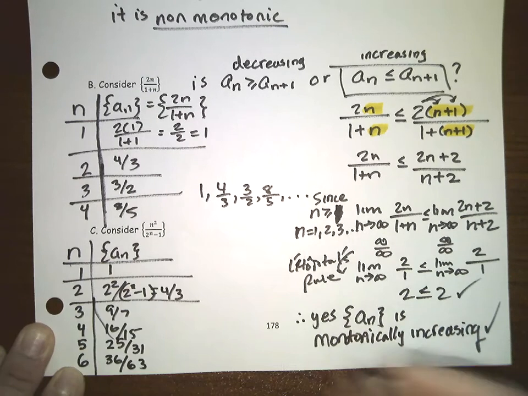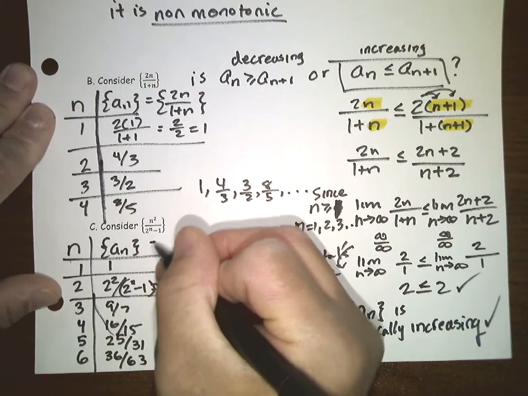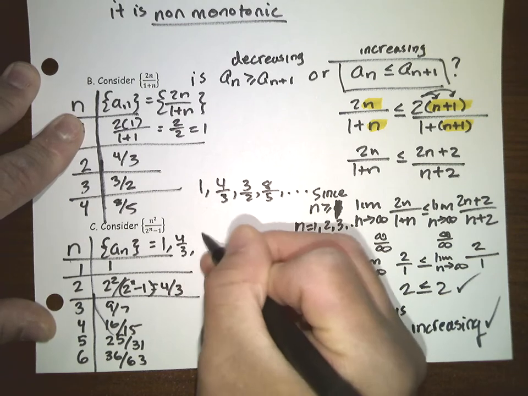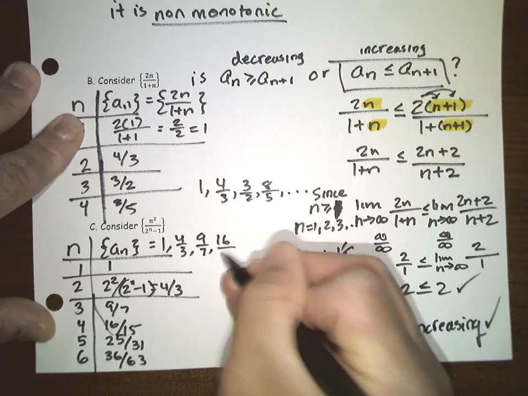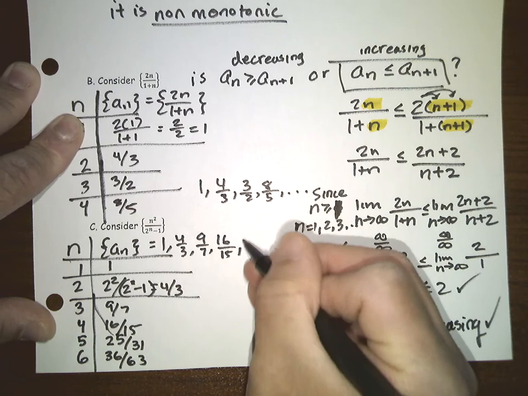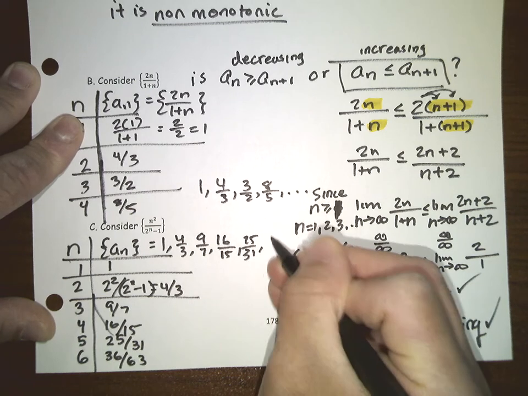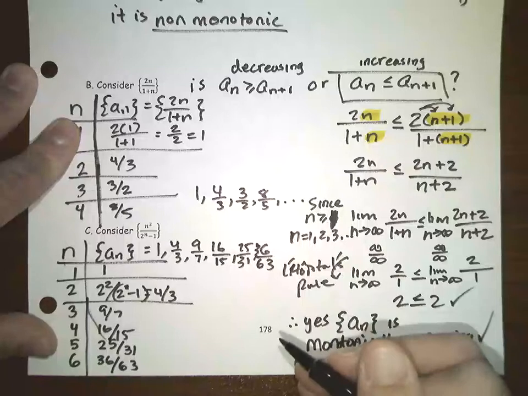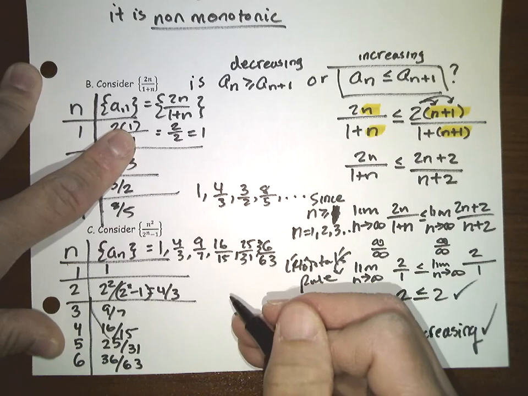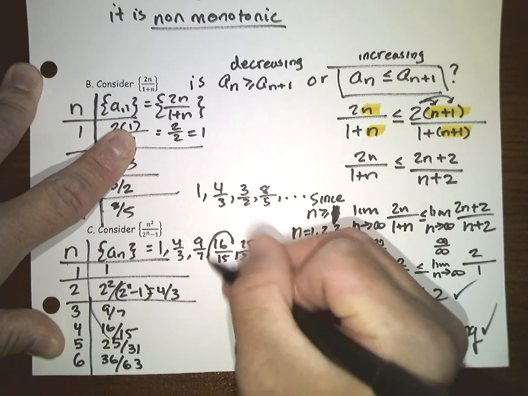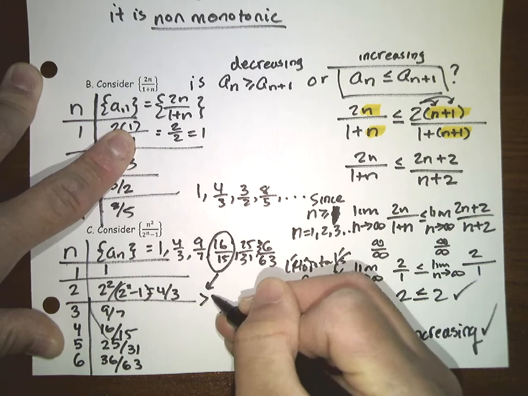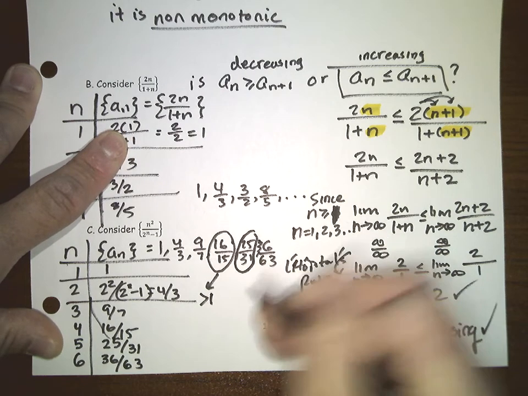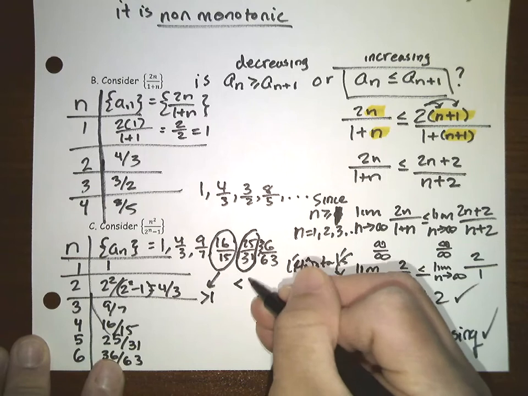So if I look at the terms here, they were 1, 4/3, 9/7, 16/15, 25/31, and 36/63. You can see that at some point the value was greater than 1, but then the next term it turned back around and went to less than 1.